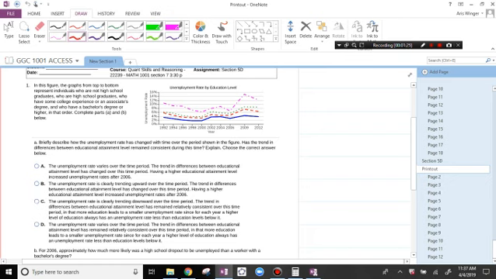The unemployment rate varies over the time period. The trend and differences between educational attainment level has remained relatively consistent over the time period, so the differences look constant. And that more education leads to a smaller unemployment rate, since for each year a higher level of education always has an unemployment rate less than the education levels below it.